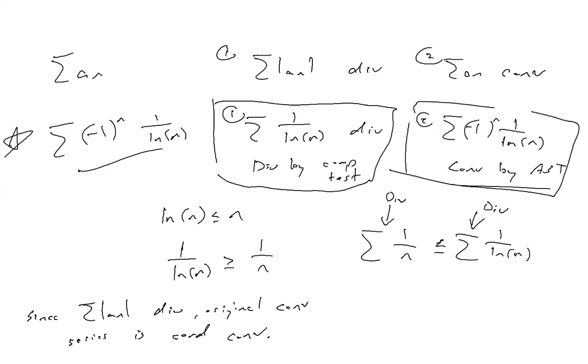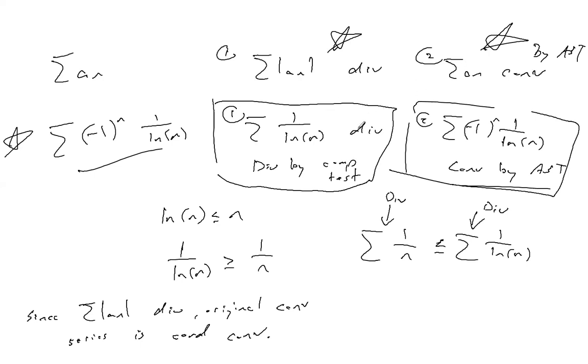Whenever we're doing conditional convergence, we have to do these two things. We have to show the series of absolute values is divergent, and then we have to show the original is convergent. Usually, showing convergence is going to be by the alternating series test, and then for the other part it will be maybe comparison, integral test, p-test, or one of our other series tests.